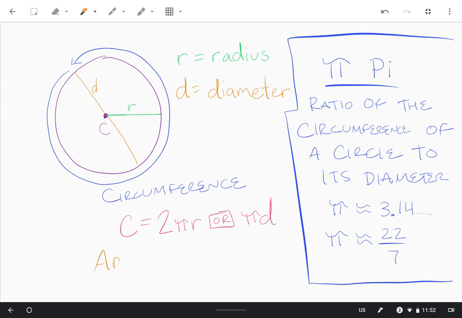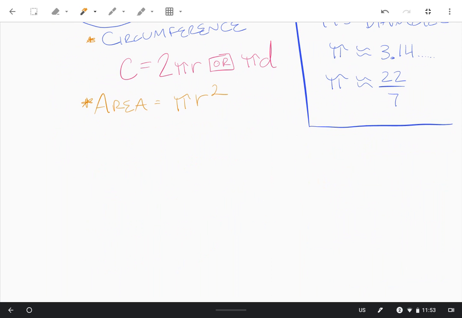The area of a circle has a formula of pi times r squared. Those are the two big formulas that you're going to need to know in this unit. And so let's take an example of each.